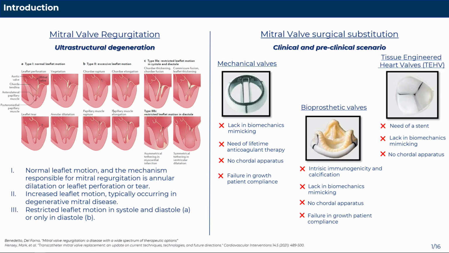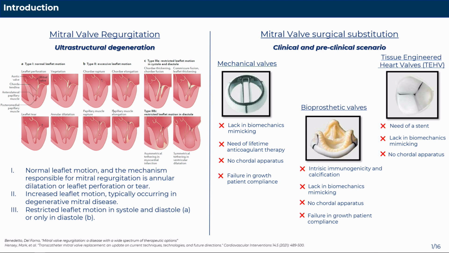I would like to start by talking about mitral valve regurgitation that, due to multiple diseases, could cause ultrastructural degeneration of the valve, leading to the need for surgical substitution. In the clinical and preclinical scenario, different options are available, starting from mechanical valves, passing through bioprosthetic valves, and arriving at the frontier represented by tissue engineered heart valves.